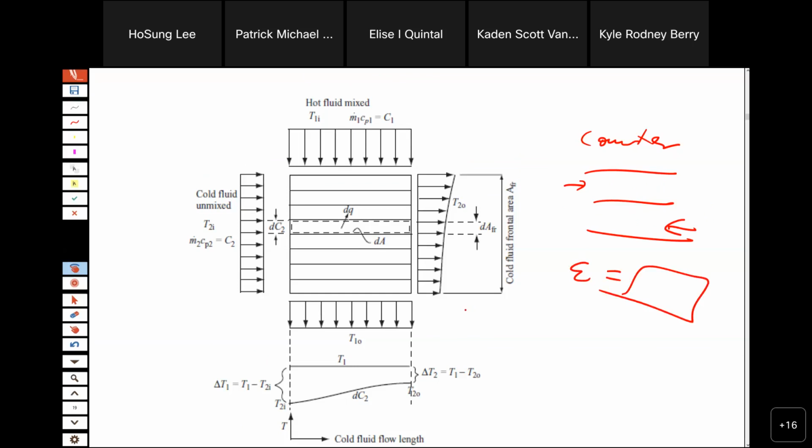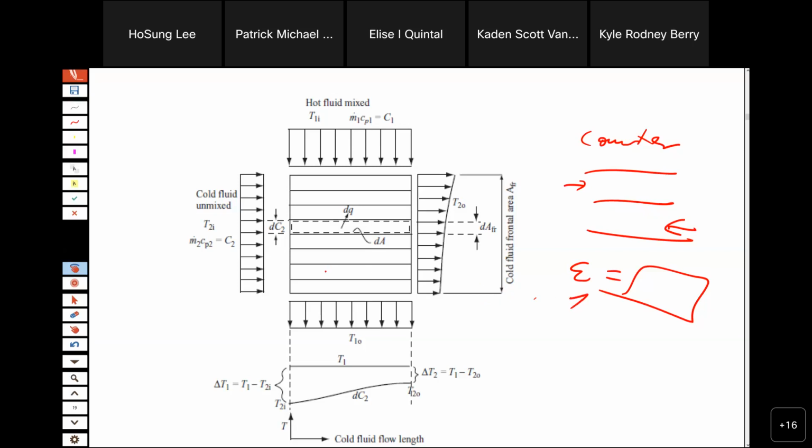So powerful. Somebody designed a very complicated heat exchanger, but you look at counterflow, you can calculate. Crossflow, you can calculate effectiveness.